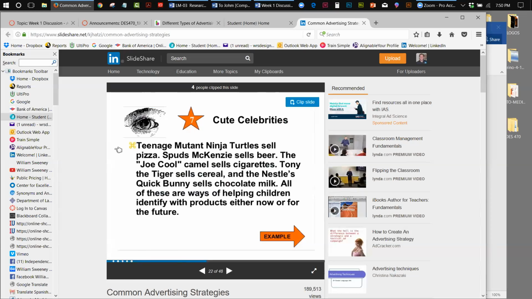The Ninja Turtles, they are cartoon celebrities. They are part of a cartoon program that has nothing to do with pizza. Okay? That's the major difference, is what I'm trying to tell you. Spuds McKenzie was whipped up by Budweiser, I believe, and I'm pretty sure it was Budweiser that did Spuds McKenzie, and he sells beer.